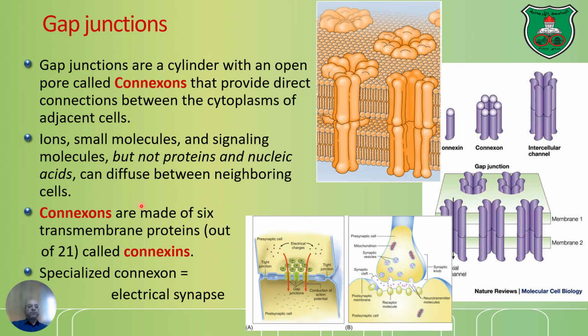Now, there are different types of connexins, by the way, and you can have combinations of these connexins that make up connexons. And you can have connexons formed of different connexins forming this channel, by the way.